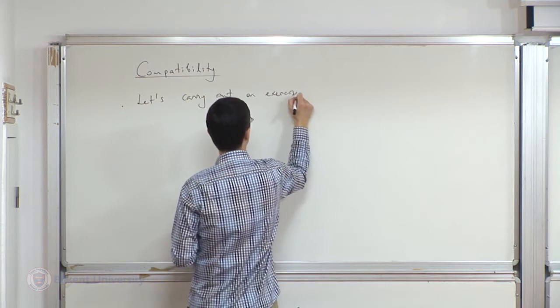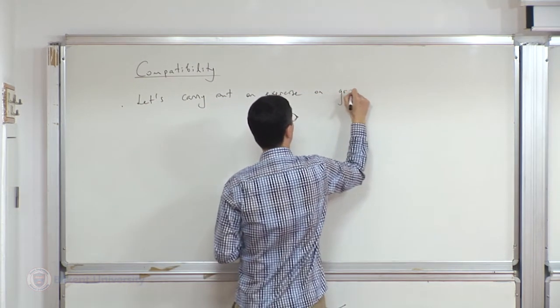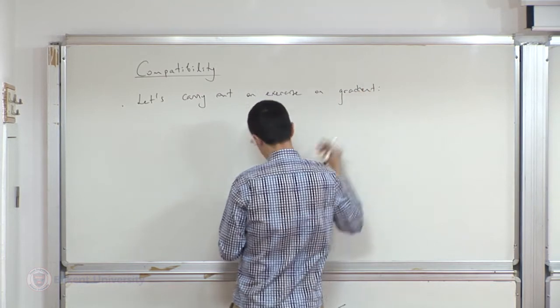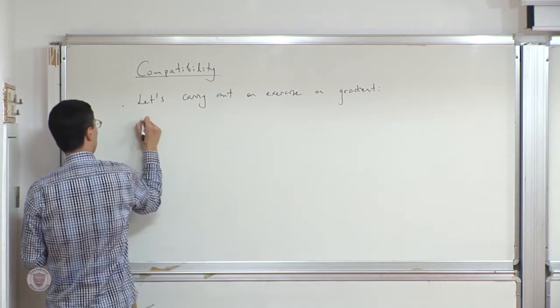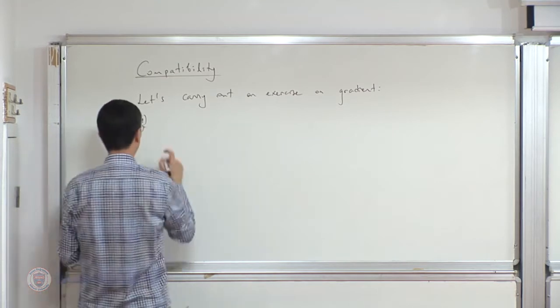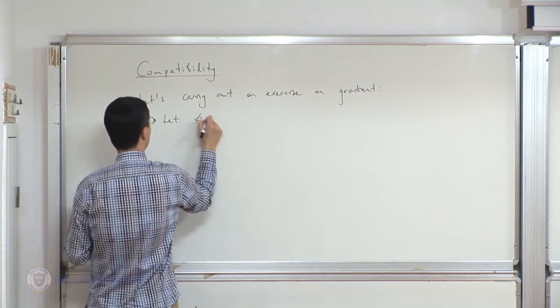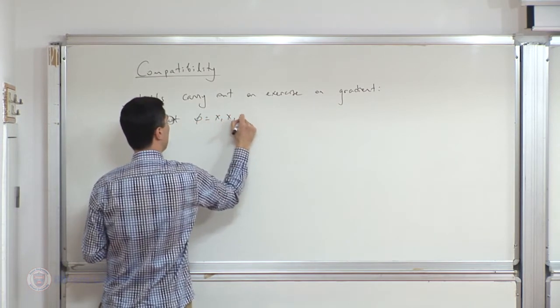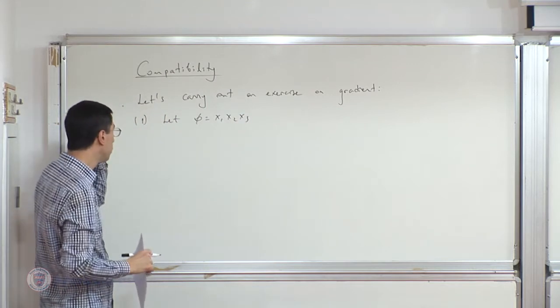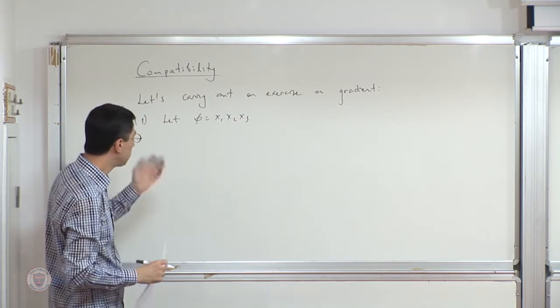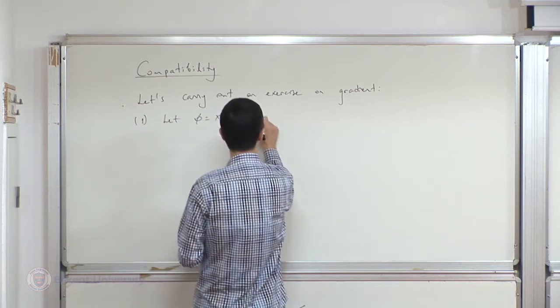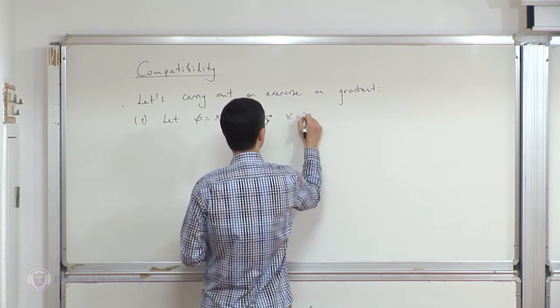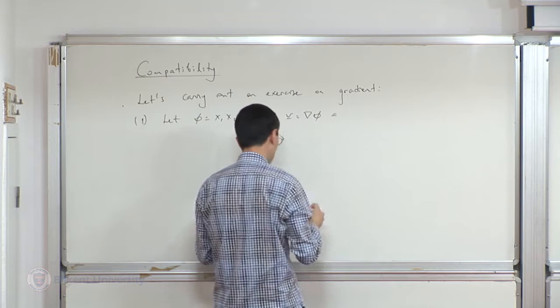Just to remind you, suppose we pick a scalar function of position, phi, simply x1, x2, x3. I'd like to calculate a vector such that it is the gradient of this function.